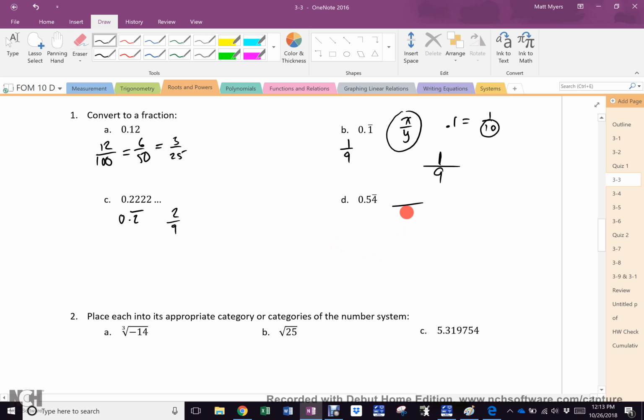What do I know needs to be in the denominator? I know I got to have a 9, yes? When it was 1 9, we had 1 9. When I said it was 0.12, what did we say it was? 12 over 99, right? Okay. So 2 digits, 2 9s. How many digits are repeating here? 1 digit. So how many 9s do I need? So I don't need any other 9s, do I?